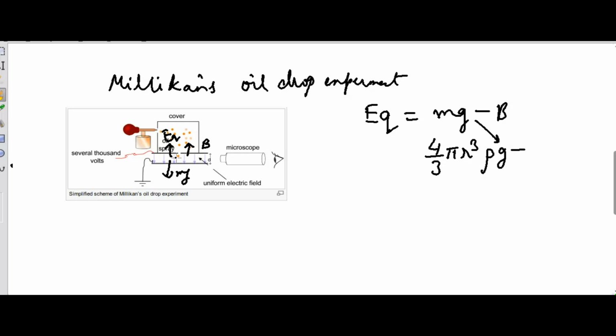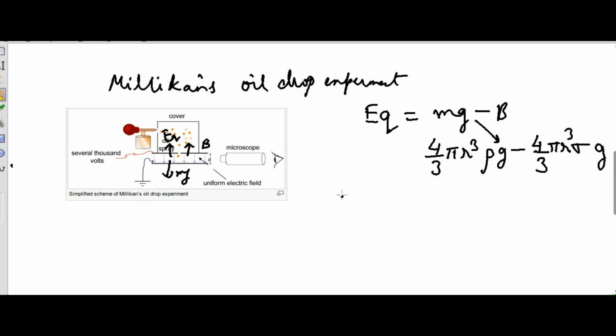If you remember from class 11 discussion, buoyancy will be equal to the weight of the displaced air. So what is the weight of the displaced air? It is the mass of displaced air times g. The mass of the displaced air is the volume, 4 by 3 pi r cube, into the density of the displaced air, which I am writing as sigma. So volume into density is the mass of the displaced air, times g.